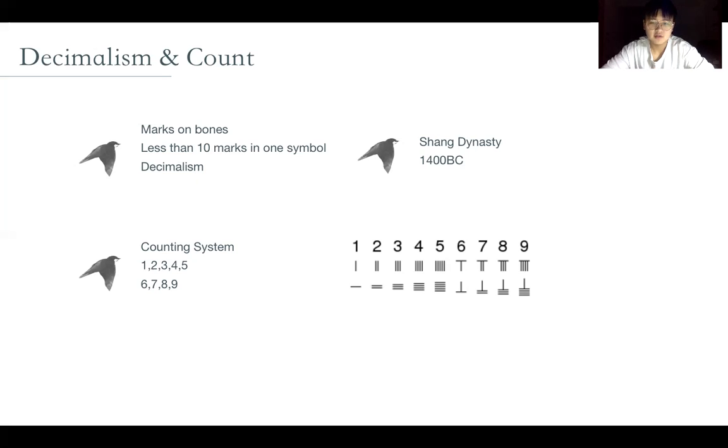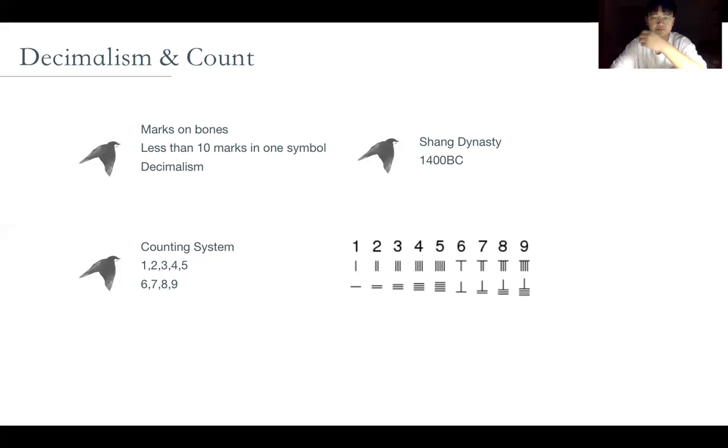And then for 6, people use 2 lines in different directions, perpendicular to each other. And then we know that it's 5 plus 1, which is 6. For 7, that's 5 plus 2. For 8, that's 5 plus 3. For 9, that's 5 plus 4.